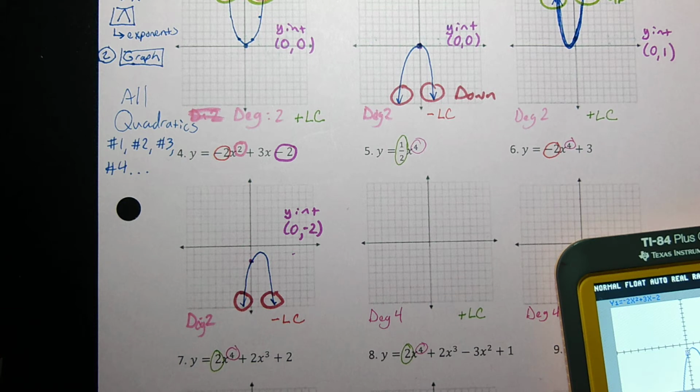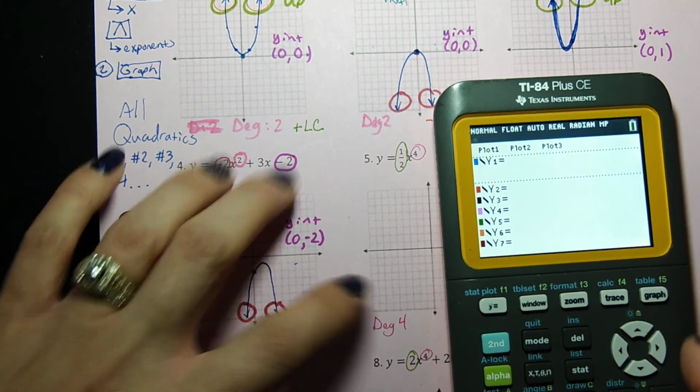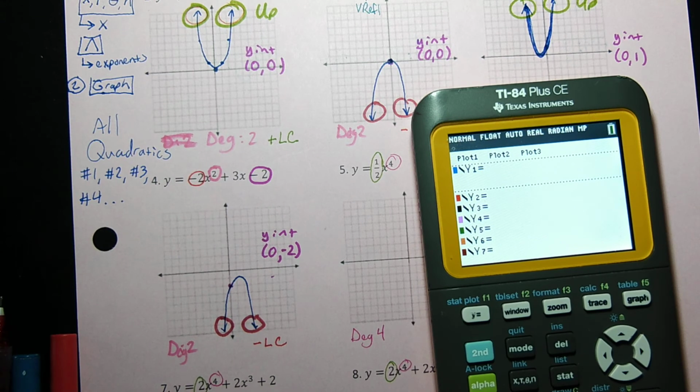So, let's see what happens with number 5. Go ahead and go to your y equals and clear out any stuff that's in there. Now, I know many of you are looking at that fraction going, I don't see that friendly little ABC button or mixed number button like we had on the old TI 30s.